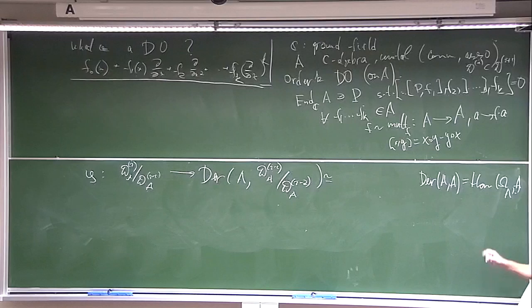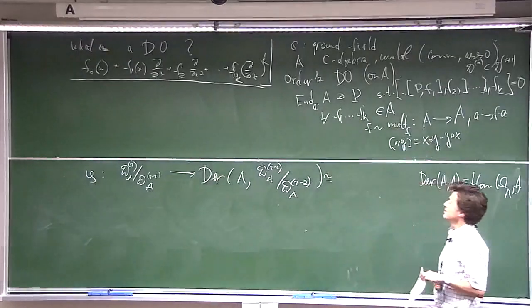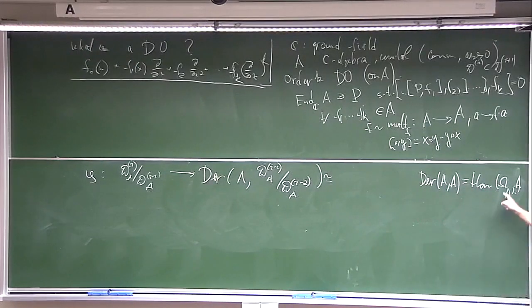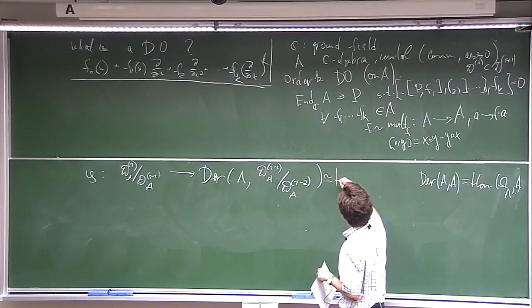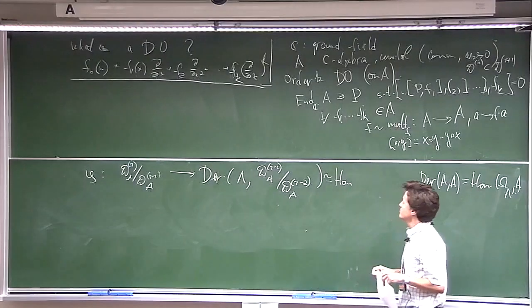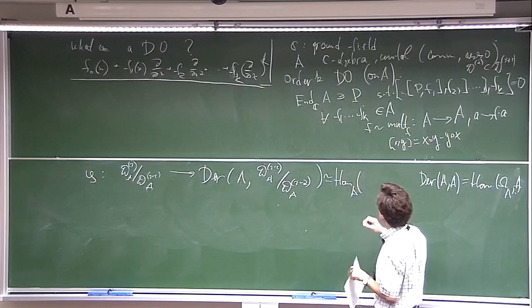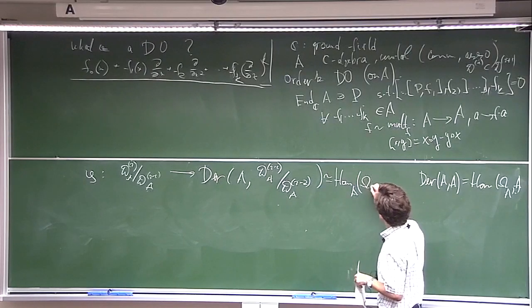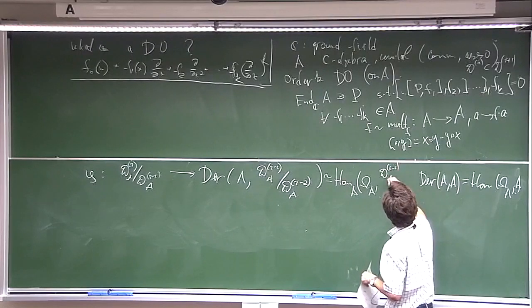If you write a proof, you won't notice much difference. So this is canonically isomorphic to the space of A-morphisms from omega to that module in question.